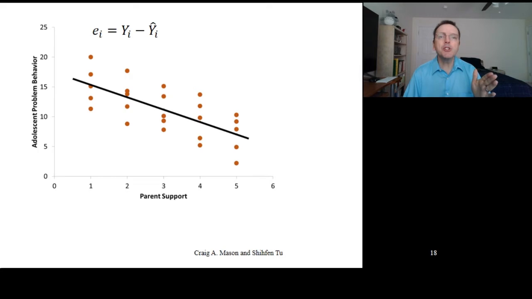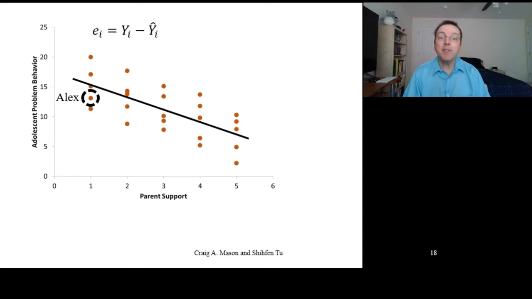Now, we're about to shift our focus to those residuals, and it can be easy to miss the implications of what this means. For example, let's look at one specific student, we'll call her Alex, who has a negative residual. That means she has a lower score, fewer behavior problems than we predicted given her level of parental support.